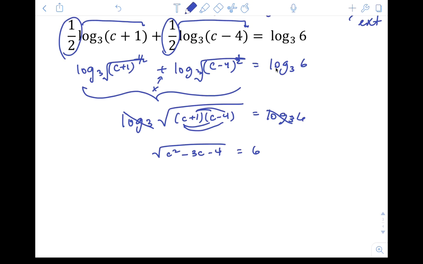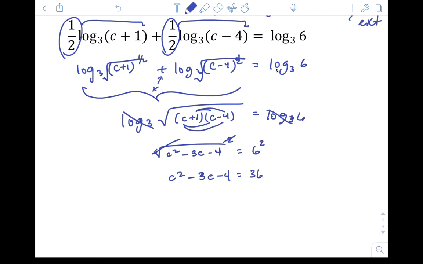Not a problem. You did solving radicals like this in Unit 7-8. It's been a while, but it was this semester. So we're going to start by getting rid of the radical by squaring both sides. Got to keep it balanced. So the square root and the square cancel, and you have c squared minus 3c minus 4 equals 36.